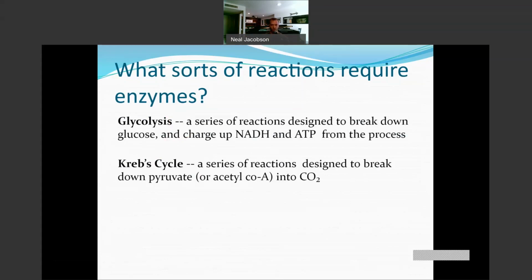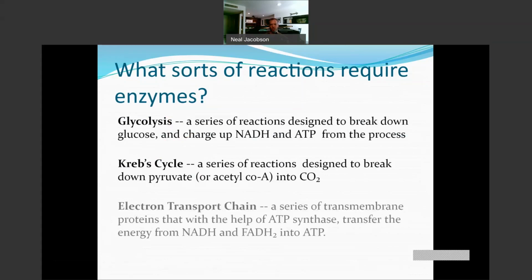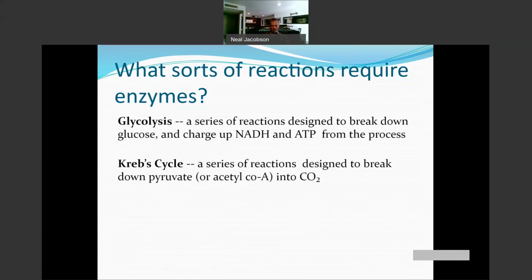That metabolite from glycolysis called pyruvate goes into the mitochondria and goes through another series of reactions that breaks it down and charges up FADH2, NADH, and ATP. The Krebs cycle inside the mitochondria gets us way more ATP in the end. Glycolysis is just the initial stage of chopping up glucose.